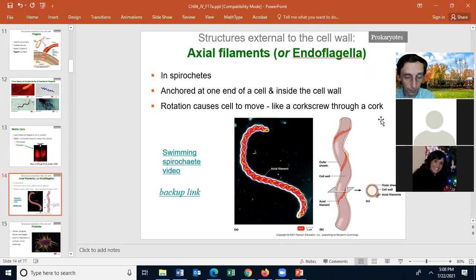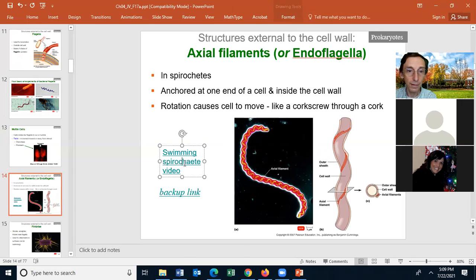In fact, the endoflagella is inside the cell wall. It is found only in spirochetes, and the flagella is anchored at one end of the cell and inside the cell wall. The rotation of this flagella causes the cell to move in a corkscrew-like fashion.